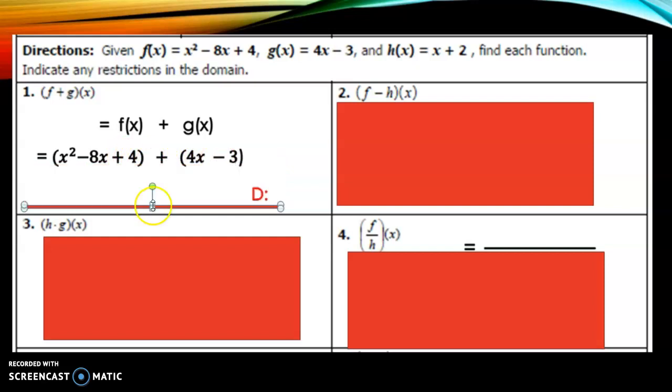So really, our final answer, I'm going to write it in my felt pen real quick, is, well, we get x squared by itself, it doesn't have a buddy, negative 8x plus 4x. These two are like terms. We get negative 4x. And then positive 4 and negative 3 are like terms. 4 plus 3 is positive 1. So final answer, x squared minus 4x plus 1.